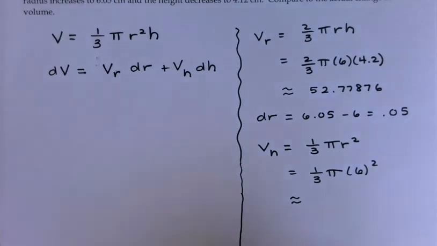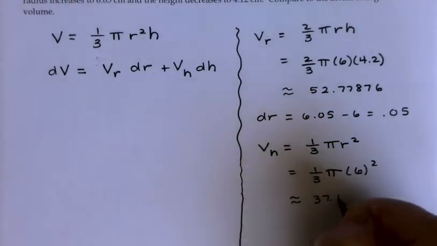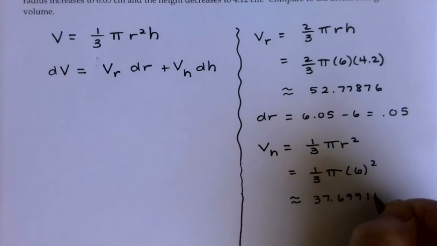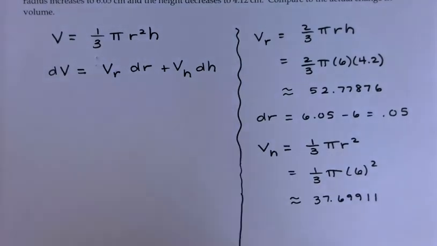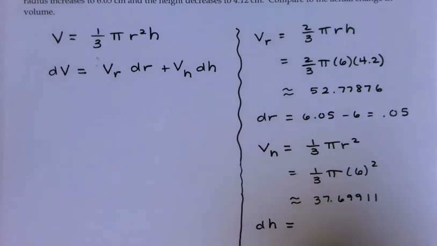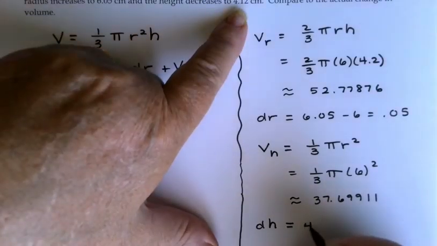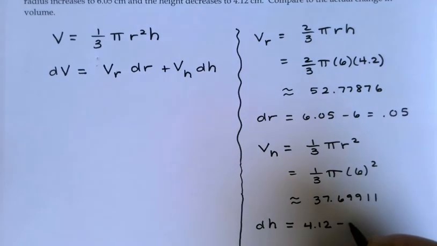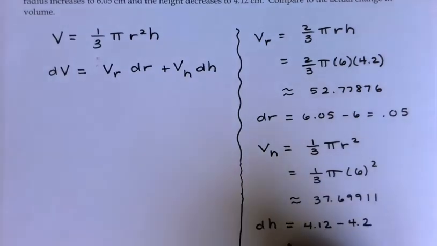And I'm getting 37.69911. Finally, dh is our new h value, 4.12, minus the old one, 4.2, which would be negative 0.08.